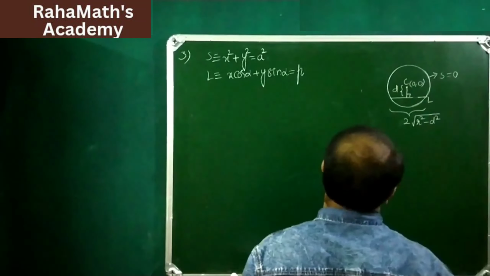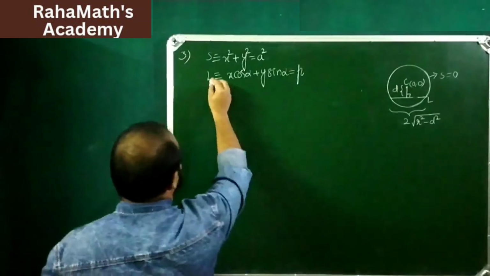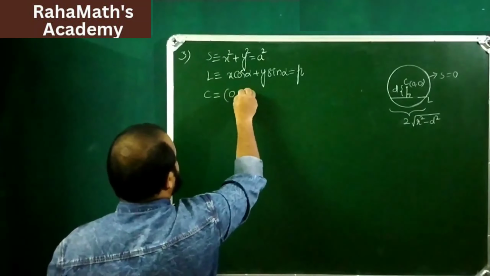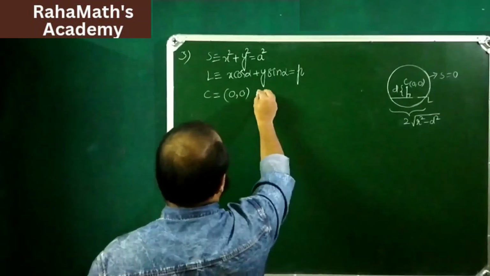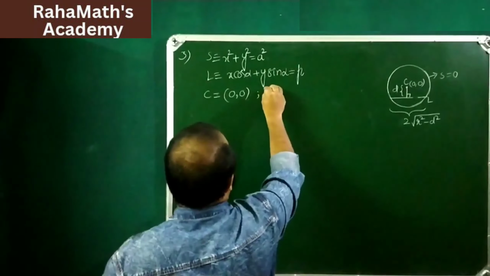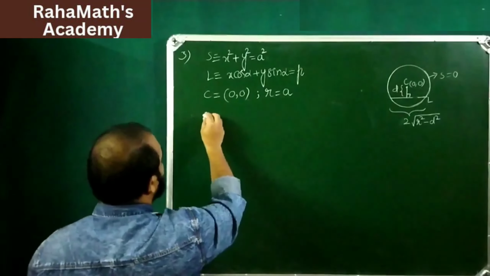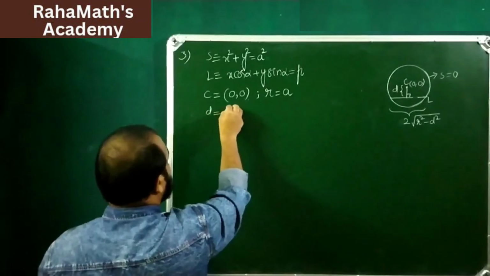I'll write everything. So for this circle center is 0 0, and what is the radius of this? r is equals to a, and what is d?